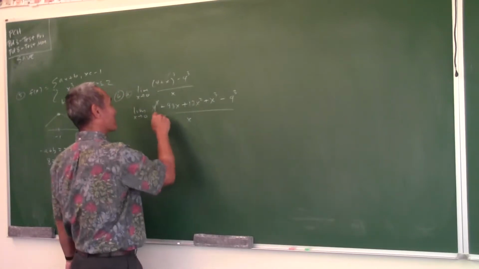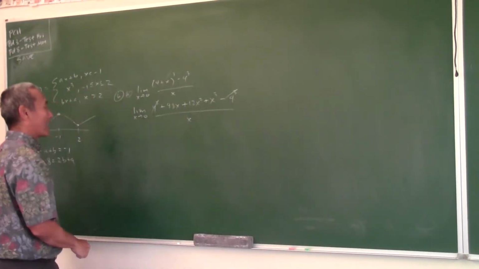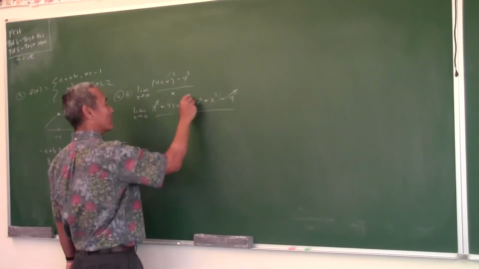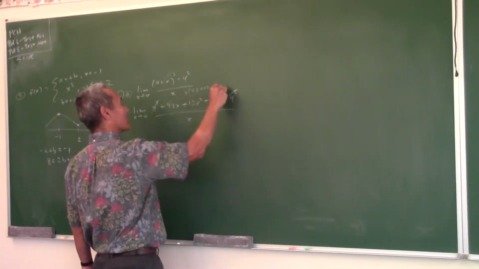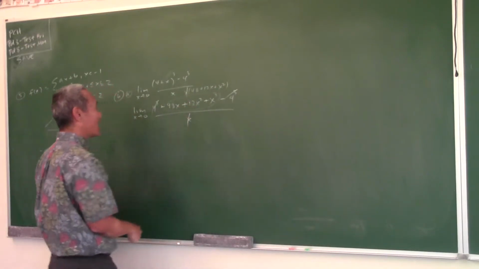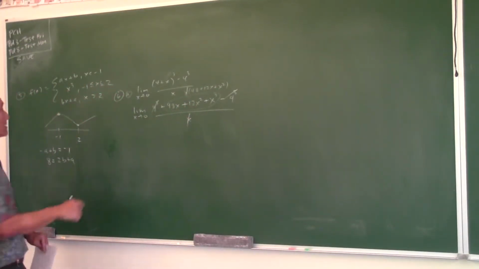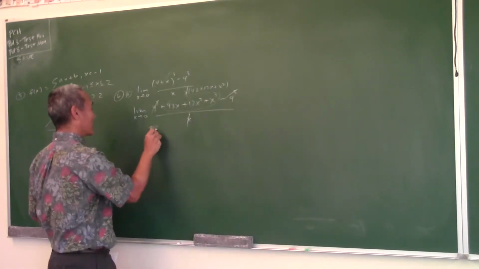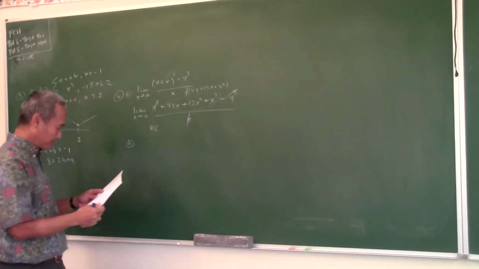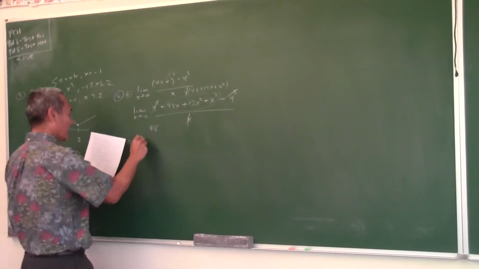But it really doesn't matter because they cancel out. Can I factor out an x? Yep, you can. You get 48 plus 12x plus x squared. The x's cancel out. Now can I plug in 0 for x? Yes, if you plug in 0 for x, you get 48 plus 0 plus 0. That's 48.